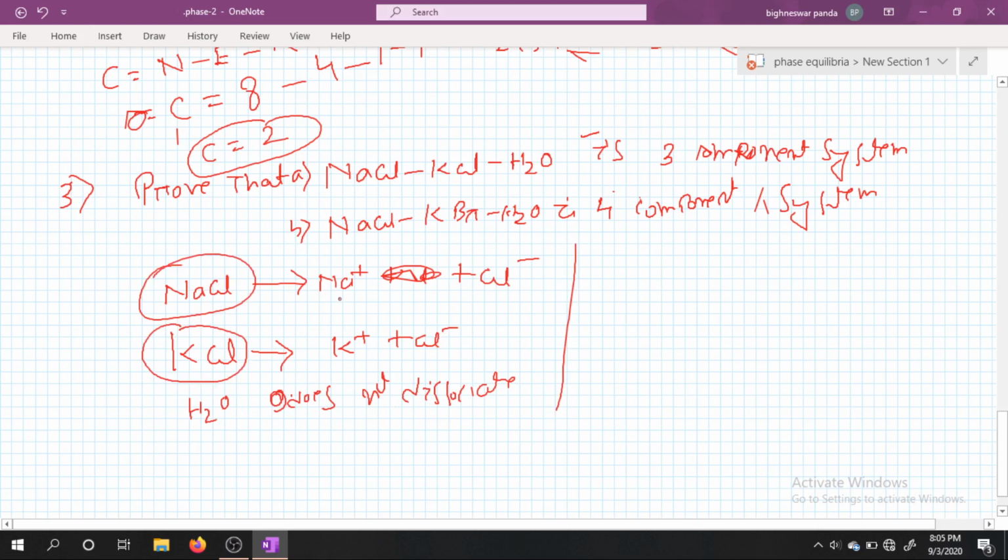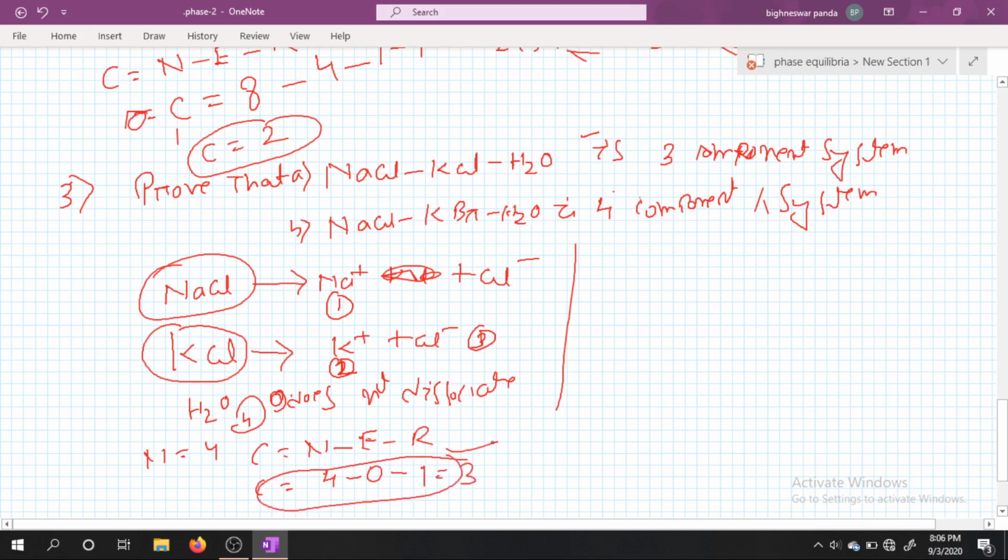So number of species: Na plus 1, K plus 2, Cl minus, the two chlorides are 1 species, 3, and water is 4. So C is equal to N minus E minus R. C is equal to 4 minus E 0 minus restricted condition, ions are present, 1. So it is 3 components, which we have proved.